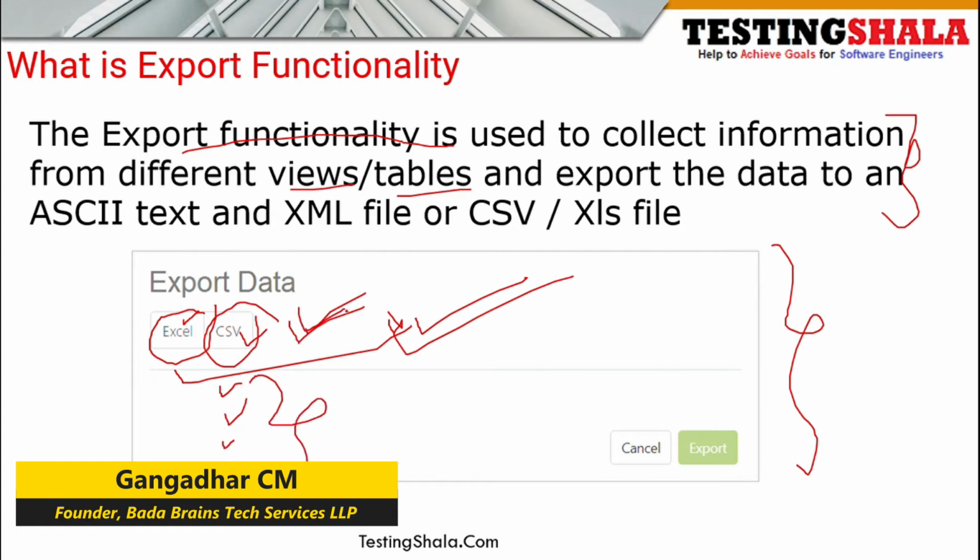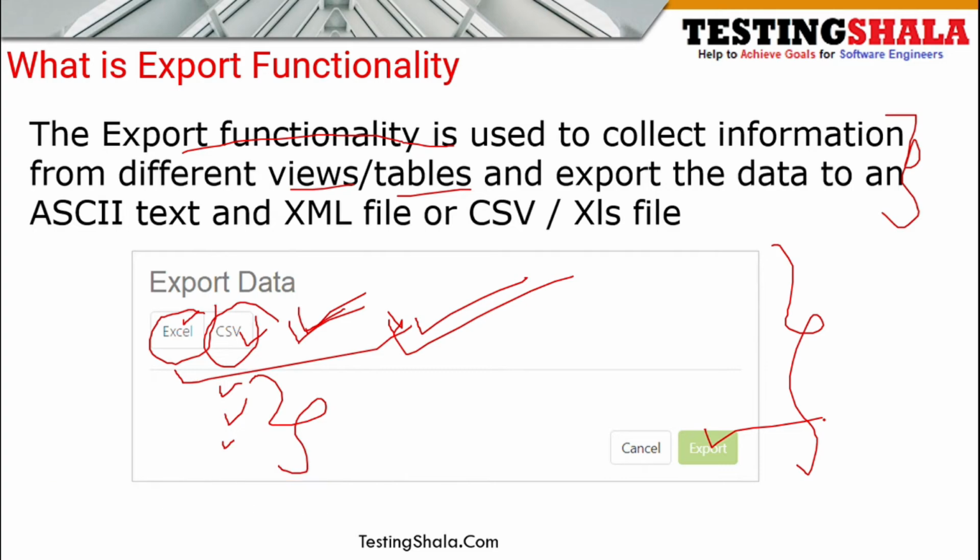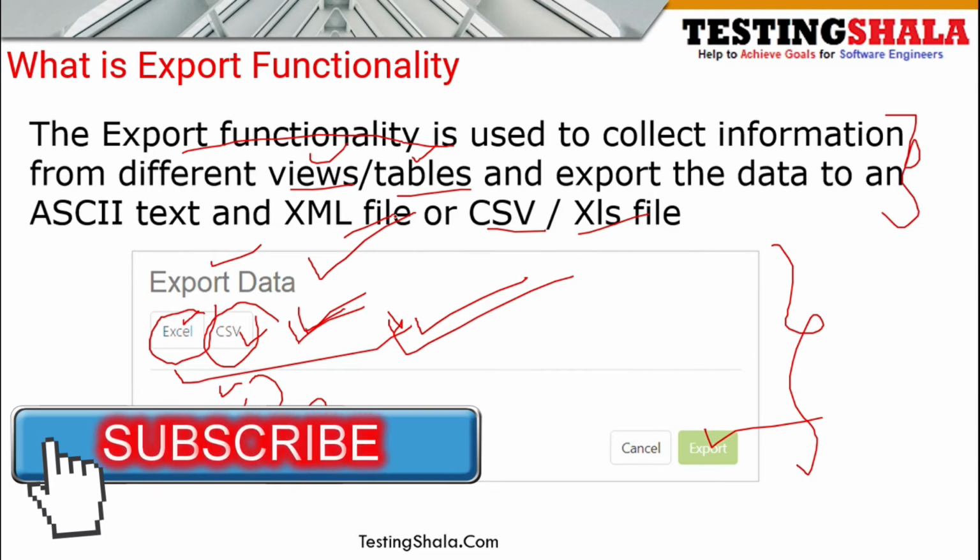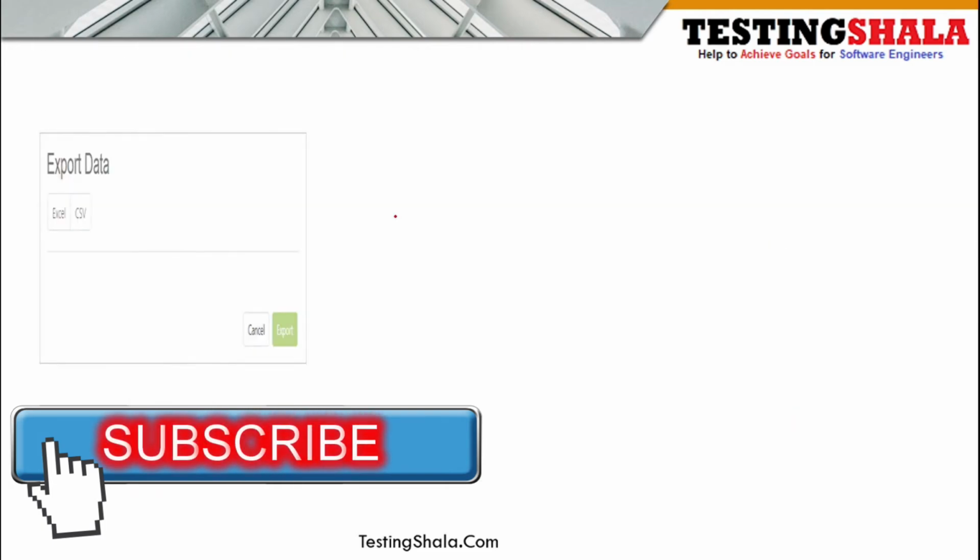After selecting the file type, if we click on export, it should work appropriately for the purpose it was implemented for, exporting the data from a particular view or table into a CSV, XLS, or XML file. That is the overall functionality we should test.